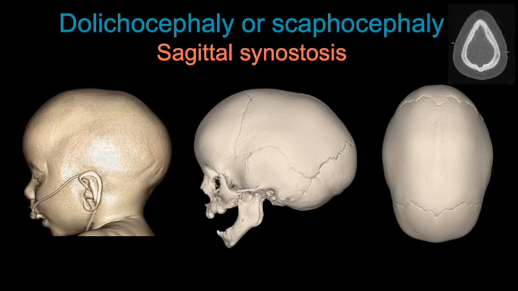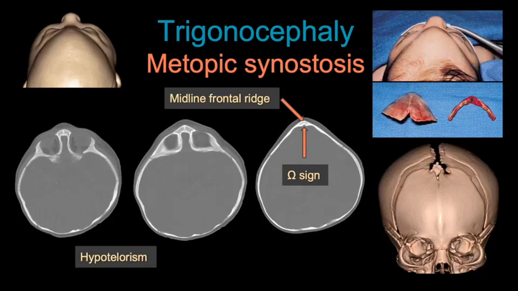But should you see pronounced dolichocephaly or scaphocephaly, then look carefully for sagittal synostosis, as in this patient here. Look for the internal ridging and the fused suture, as seen. The midline pointing and hypotelorism, as seen with metopic craniosynostosis.